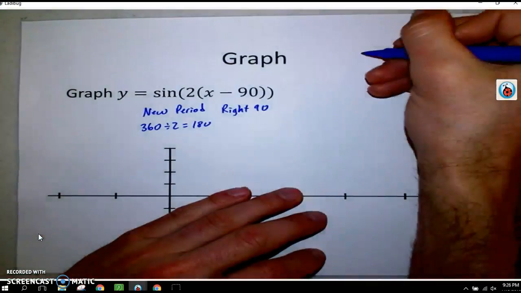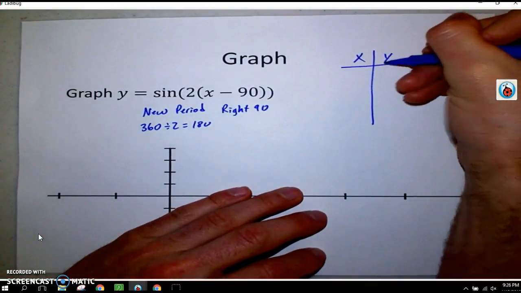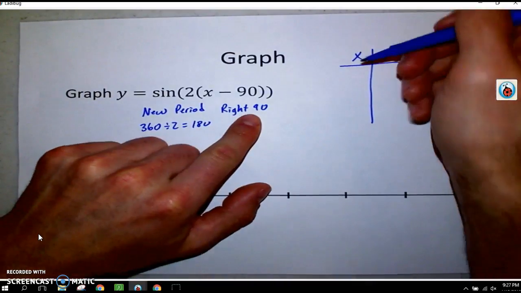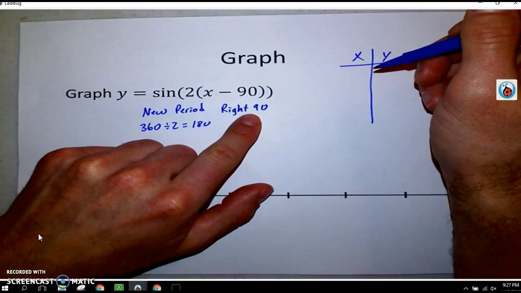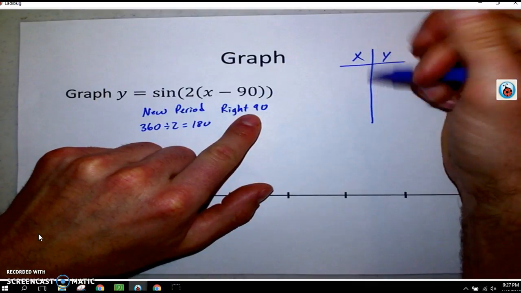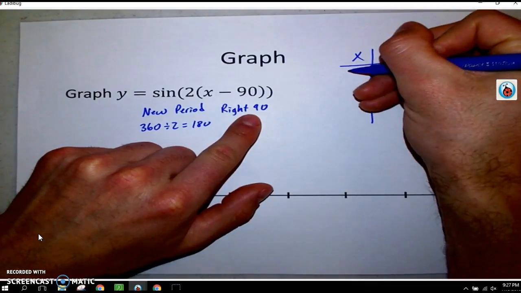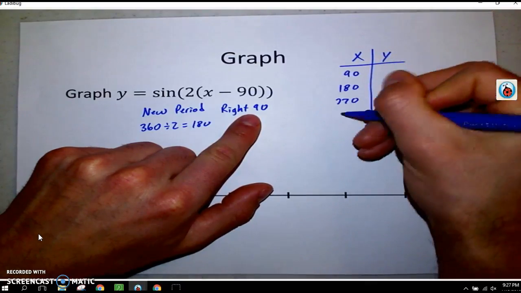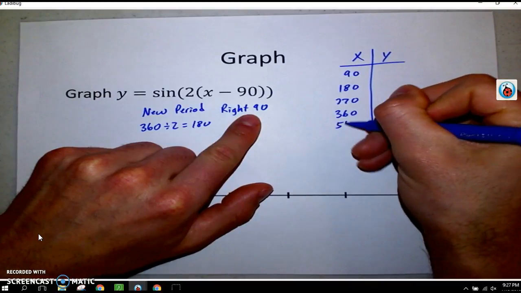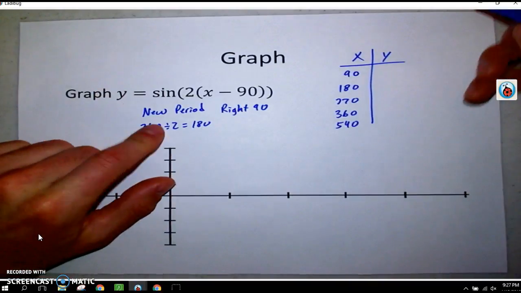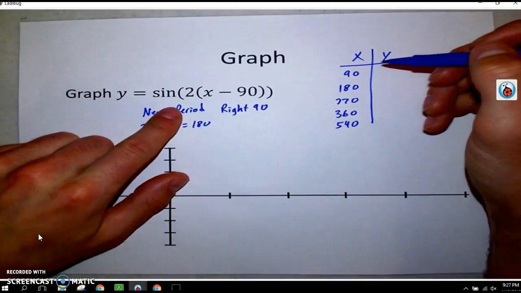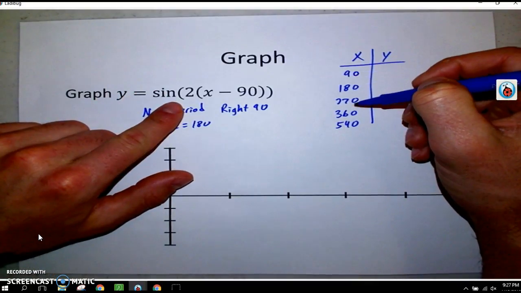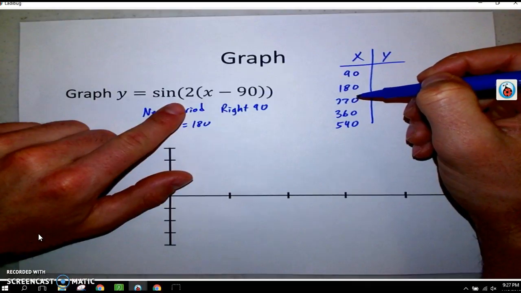Now, as I make a table of values here, there's a couple of things that I'm going to do. So first, I'm going to go to the right 90 degrees. So that means instead of going 0 through 360, I'm going to go 90, 180, 270, 360, and 540. But now, because I have a new period, I'm going to take all of those values and divide by 2. Essentially, my period will be halved.